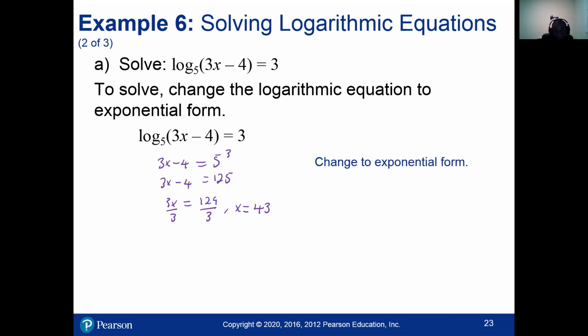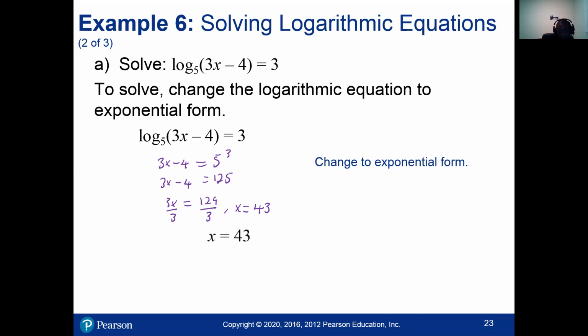Now, caution, anytime you solve any equation, you check the answer, particularly with equations involving logarithms, because some of the answers could be extraneous, and you don't want that to happen.